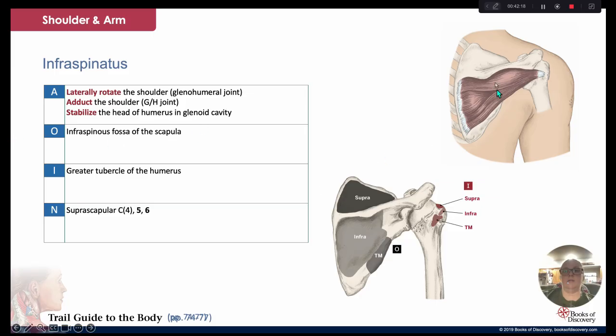It originates in the infraspinous fossa of the scapula. Infraspinatus muscle, right? Then it runs and connects again to the greater tubercle. So these three back muscles of your rotator cuff are all going to connect onto the greater tubercle. There's only one that doesn't.